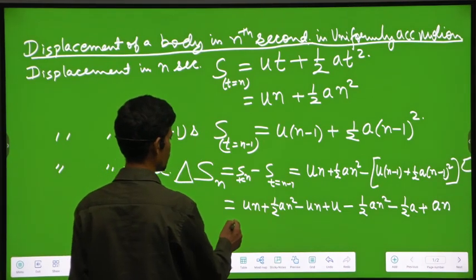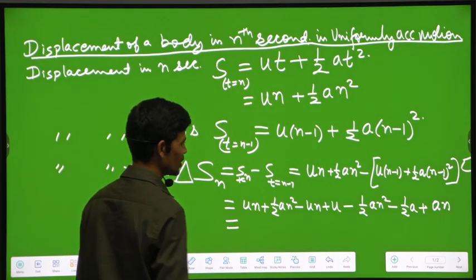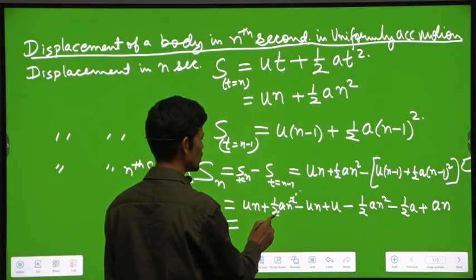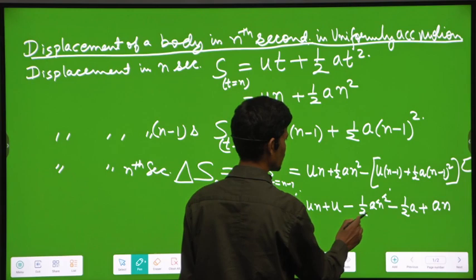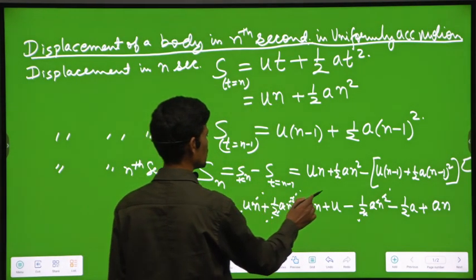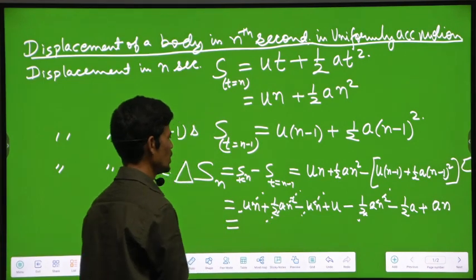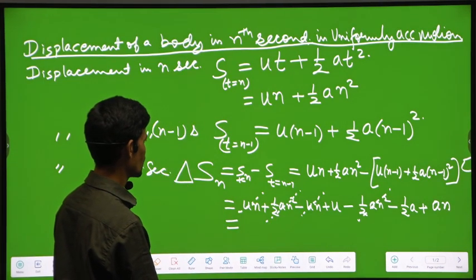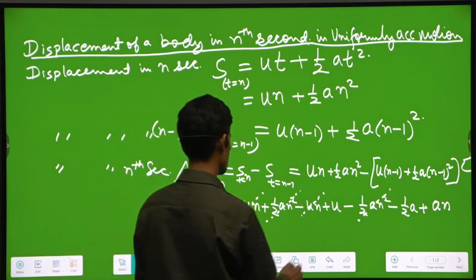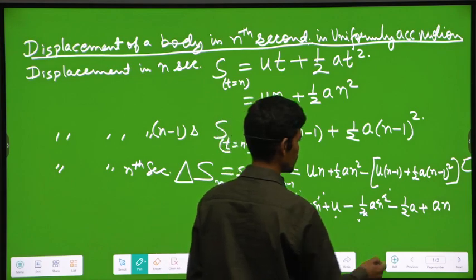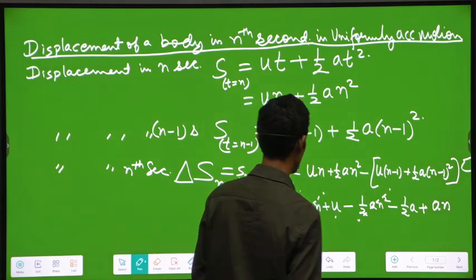Now the a n square gets cancelled, and un also gets cancelled. Only u and the rest of it is left here.